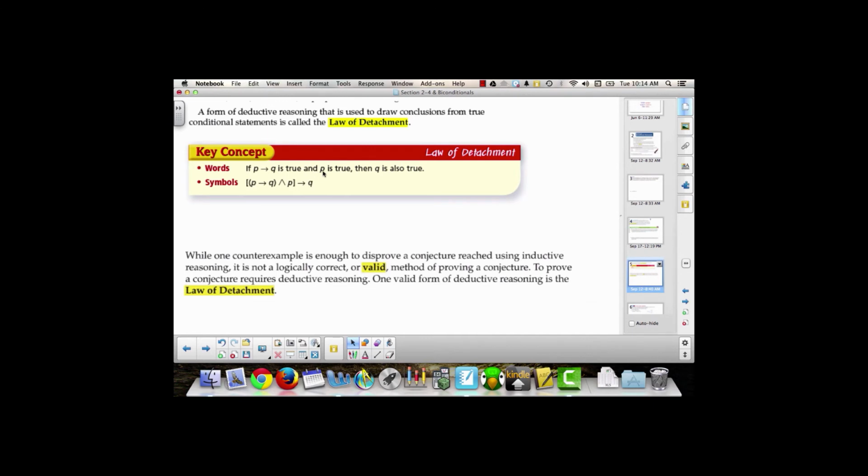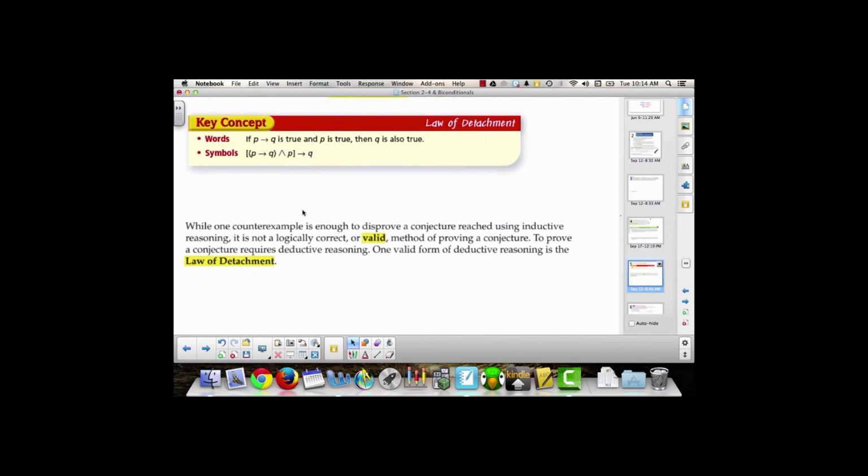This part must happen first, and then we can say that this will happen according to the law of detachment. So here are our symbols here. If the conditional is true, and I have an example of the hypothesis, then the conclusion must always come true. We use the law of detachment to say whether a conclusion is valid or invalid based on the information we are given.